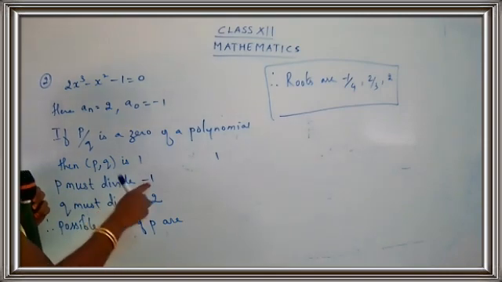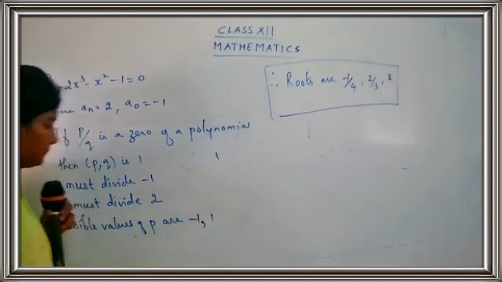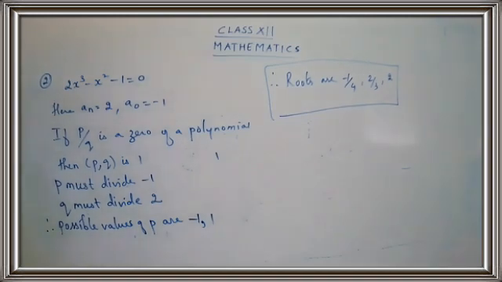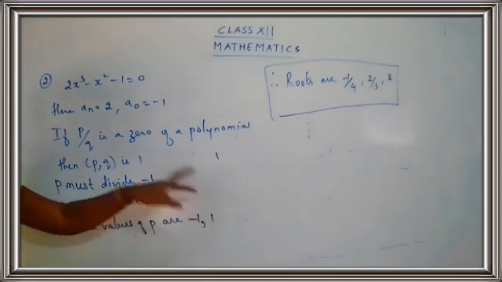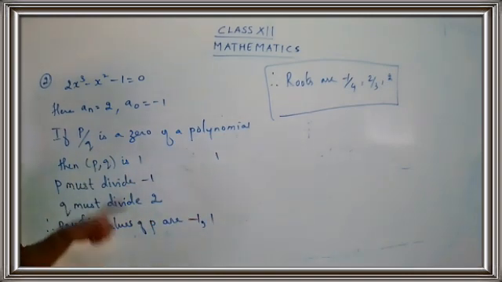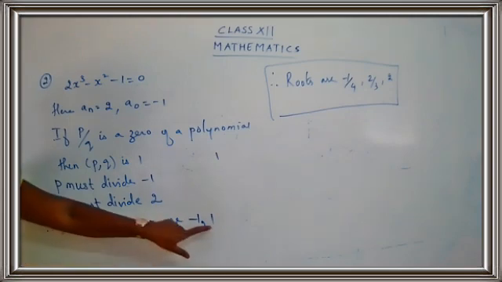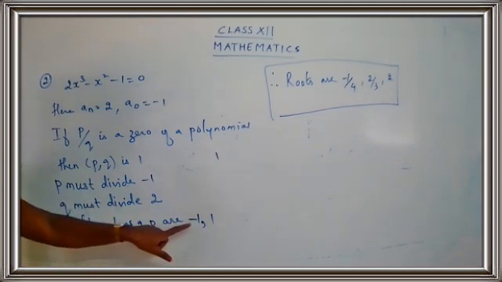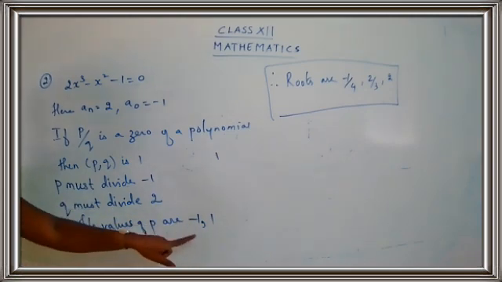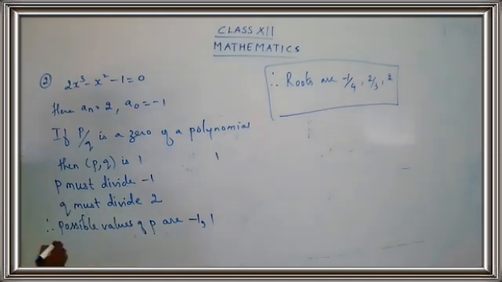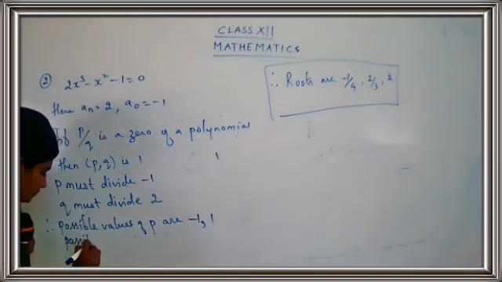Here it is minus 1. So you have to write down as minus 1, 1. So what are the possible values of p? Minus 1 and 1. That means minus 1 goes in the table of 1 and minus 1. Minus 1 into 1 is minus 1 and 1 into minus 1 is minus 1. So the possible values of p are minus 1, 1.